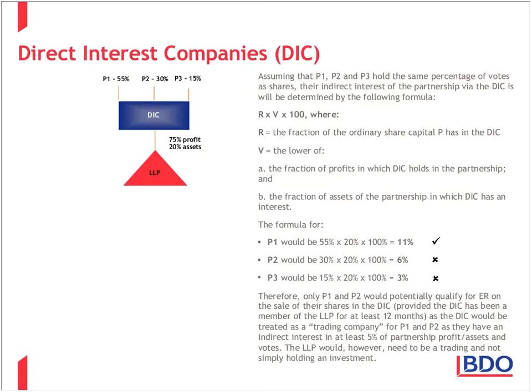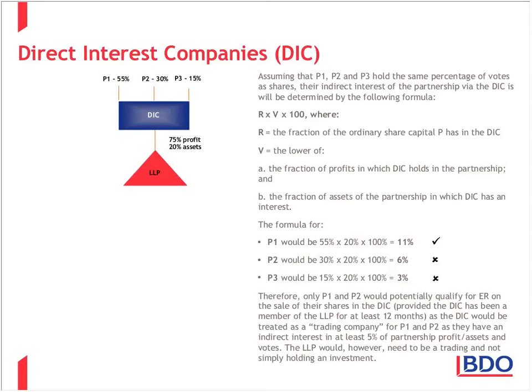So again, if we start with P1, she holds 55% of the ordinary share capital in the direct interest company. And again, for simplicity, we've assumed that the ordinary share capital and the votes are the same. So we multiply her 55% holding in the direct interest company by the lower of the company's fraction of the profits, which is 75%, and the assets, which is 20%.